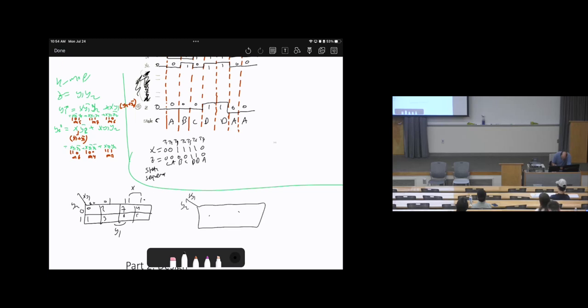Y2, X, Y1. So 0, 0, 0, 1, 1, 1, 1, 0, 0, 1. 0, 1, 2, 3, 4, 5, 6, 7. Here is 6, here is 7.